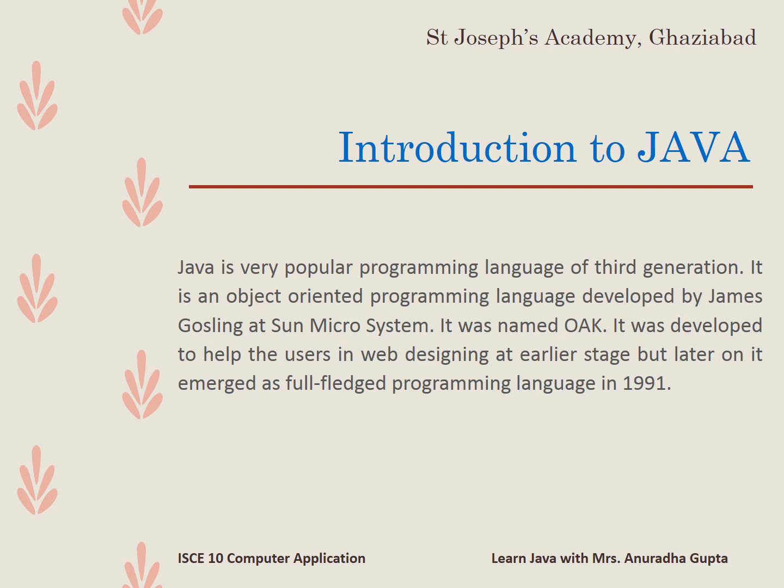Then finally, over a coffee table, he and his colleagues decided on a professional name for this language, Java, and they gave a coffee mug logo to this language. This language was primarily developed to help users in web designing, but later on it emerged as a full-fledged programming language in 1991.